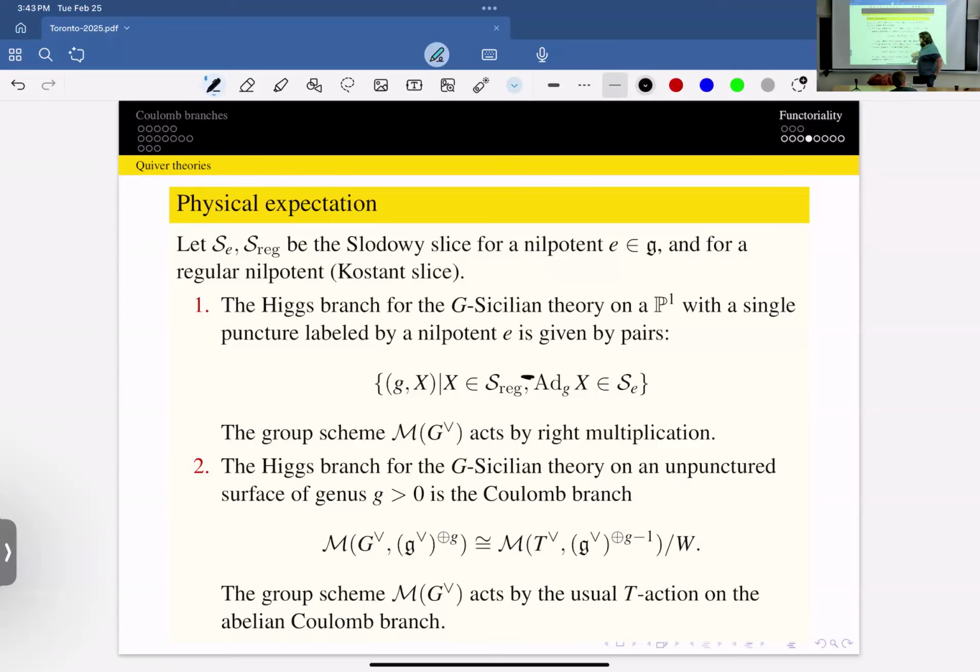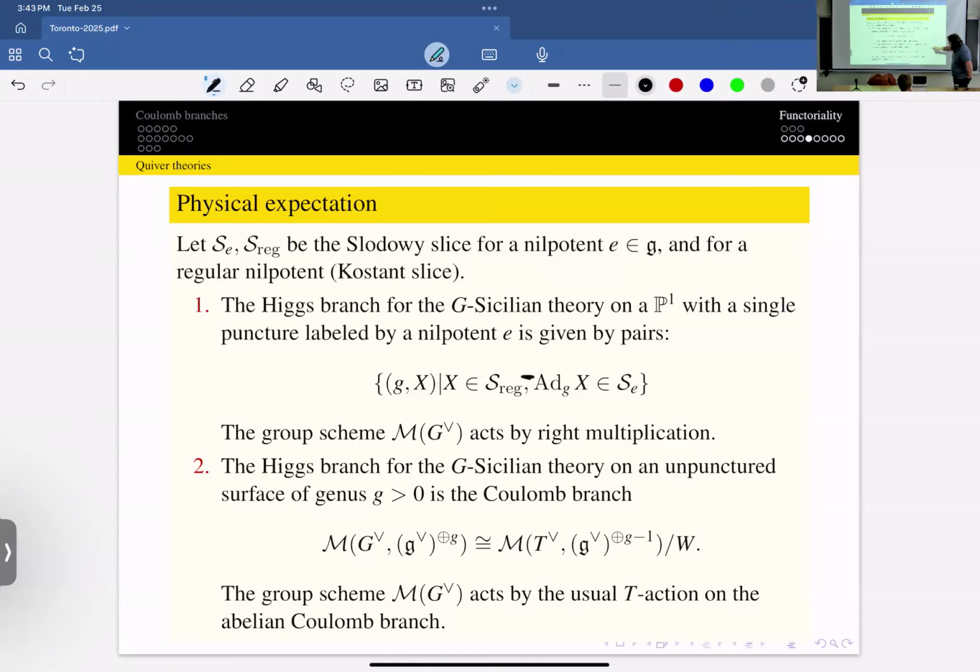And this regular centralizer acts by right multiplication, by multiplying on X. Great. So I can act in a way that preserves this guy and changes this guy inside S reg. Okay. Sorry, changes G. Right. Okay.